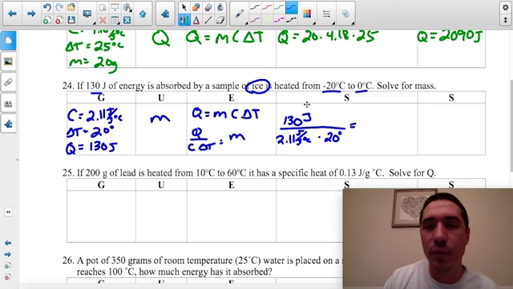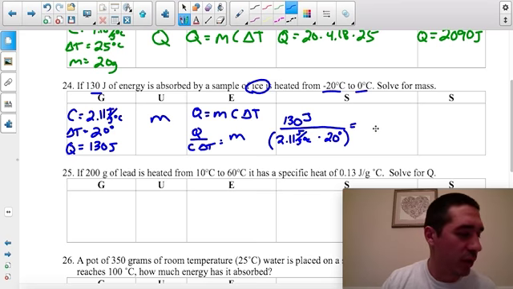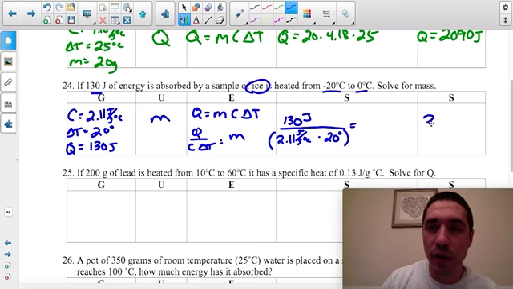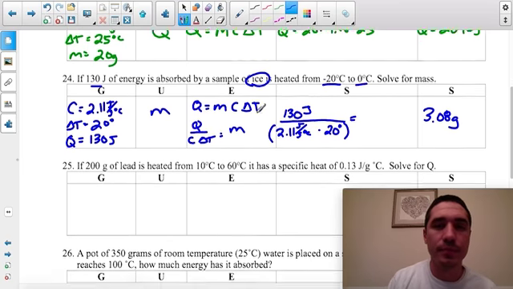So just be careful when you put this into your calculator that you might have to put a parenthesis around this, or just do them one at a time. But you would end up getting a value of 3.08 grams of ice.